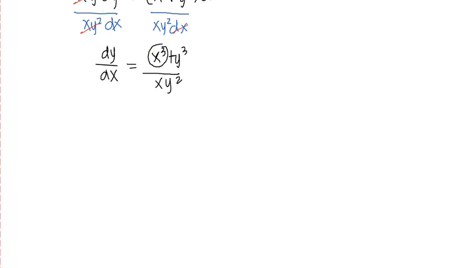We will come up with an equation which is equal to, so copy ko danay, we have x cubed, then plus y cubed all over x y squared. Divide ko ni tanan-tanan by x cubed.